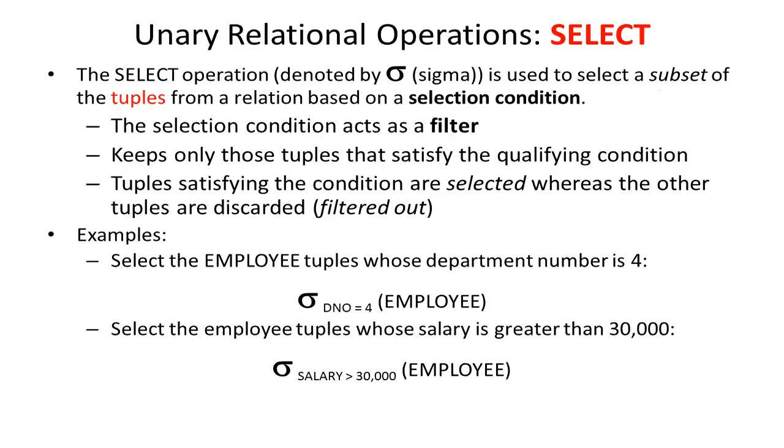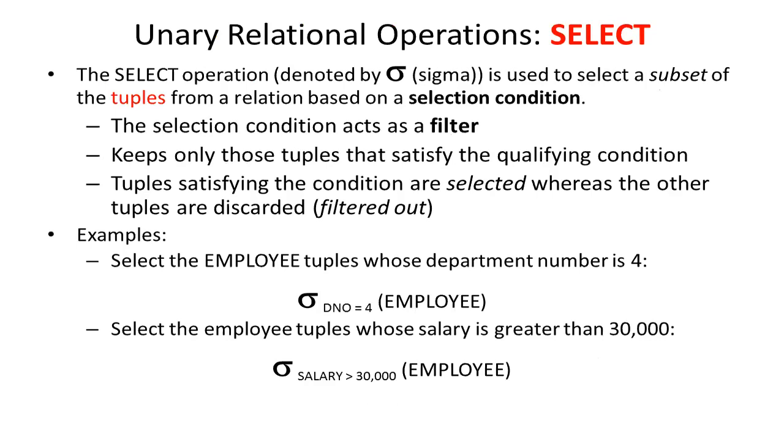Then, how can we use the select operation? The select operation is used to select a subset of the tuples from the relation based on the selection condition. Maybe you would have experience with the select statement. Suppose in the student table you have 100 records.